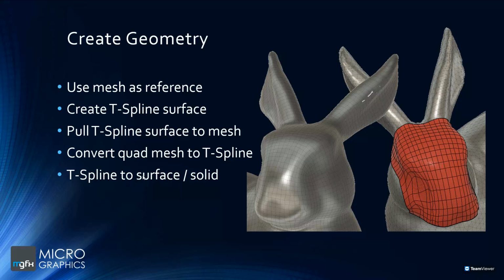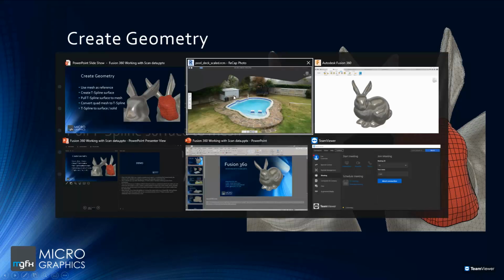And we'll go through that process and see what it looks like converting those files. And that T-spline surface, if it is a watertight surface, you're able to convert that into a solid. If not, once you finish that form, it would be a standard NURBS surface within Fusion.